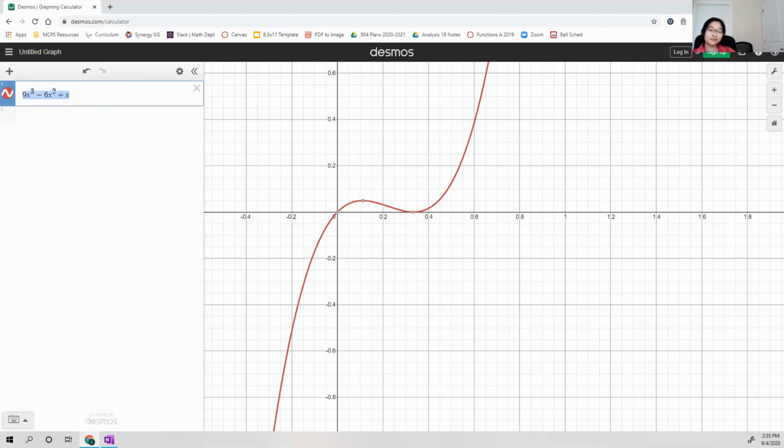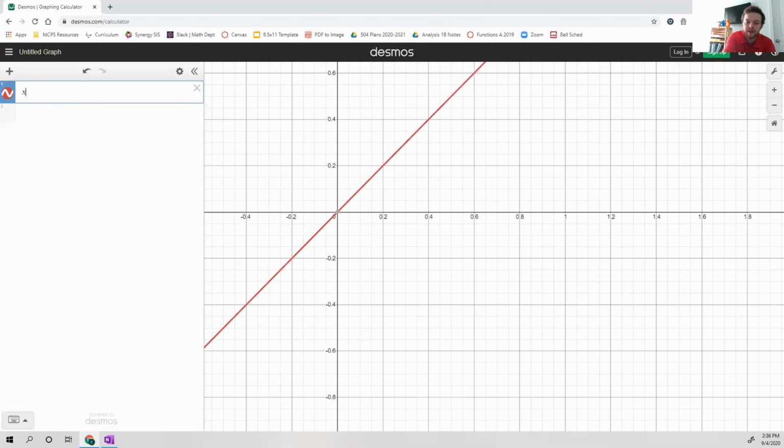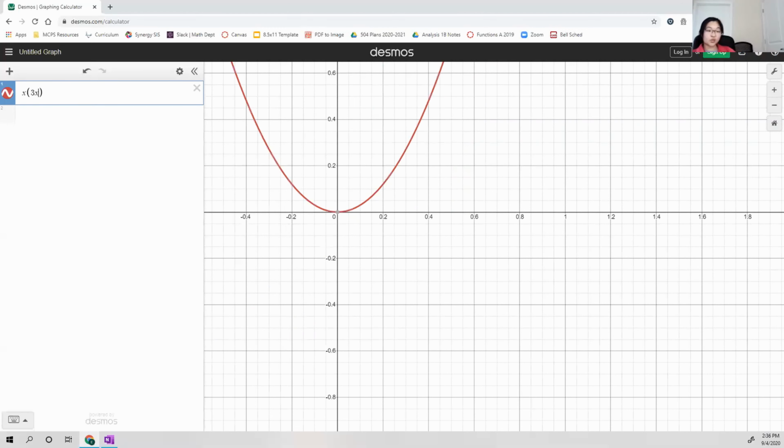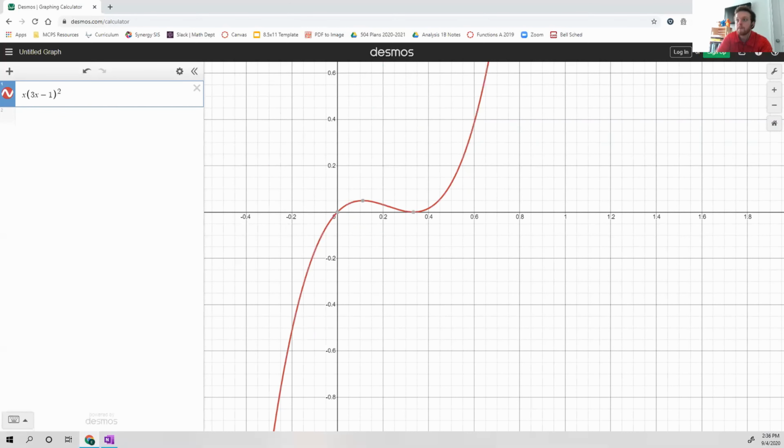What do you think would happen if I write this as how we factored it, x times the quantity 3x minus 1, squared? What do you think is going to happen if I make that a 3? I think it might change, because the parity, the even or oddness, changes.